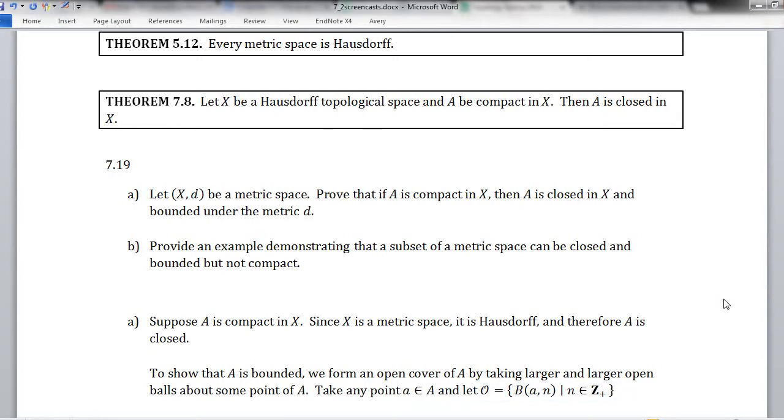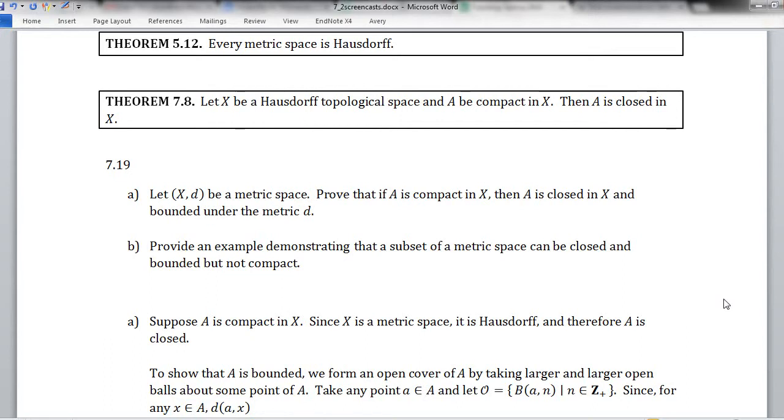Okay. Now, I claim that this O is an open cover of the set A. Okay, it's certainly open. I mean, each set in O is certainly an open ball, but why does it cover A? Well, for any x in A, the distance from a to x, well, it's some real number, right?